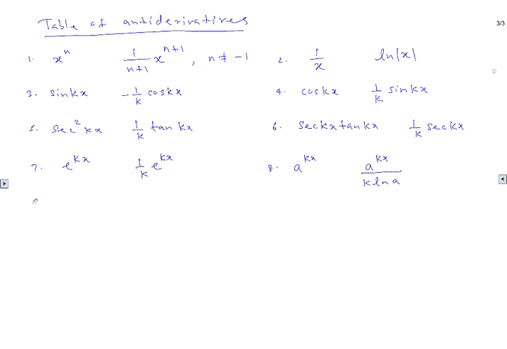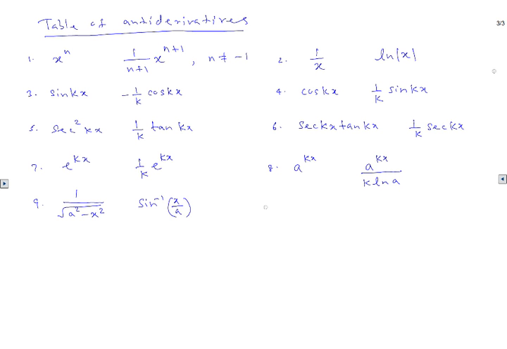And then 9, we have some trigonometric functions. For example, 1 over the square root of a squared minus x squared. So that is sine inverse x over a.